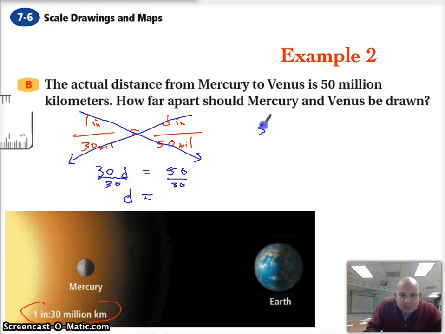So let's go ahead and do that. 50 divided by 30, I could actually just take out the zeros, and that'd be 5 divided by 3. 3 goes into 5 once. Now I've got to add a 0.0, bring down the 0. 3 goes into 20 6 times, 18. And I bring down another 0. It looks like I'm going to repeat 66666. So I'm going to go ahead at this point and say it's 1.7 million kilometers.